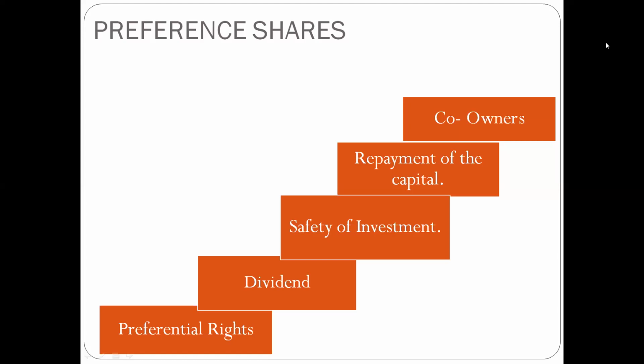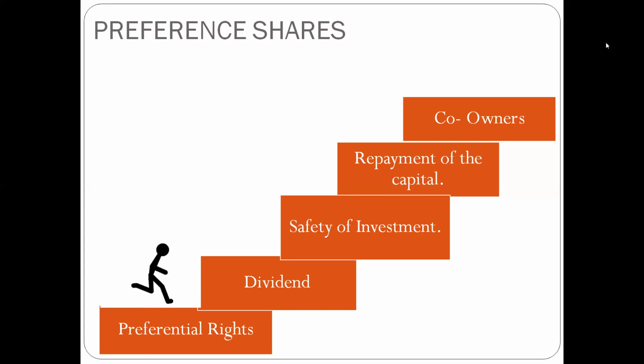So now these are the preference shareholders. These are the shareholders who get preference in everything. Now see, he is getting preference in getting the dividend. Every share, he is having a preferential right. He is distinct from equity shareholder. Equity shareholder से ये अलग रहता है, distinct means different.